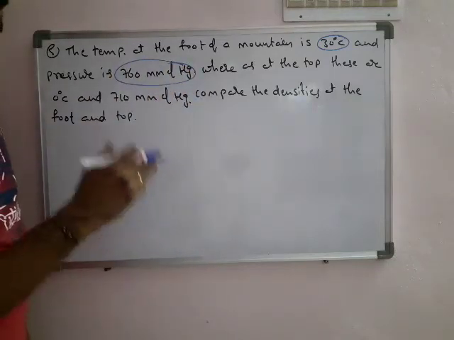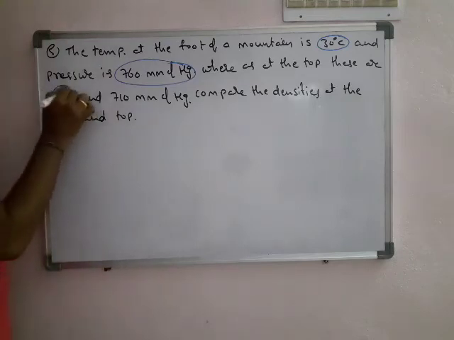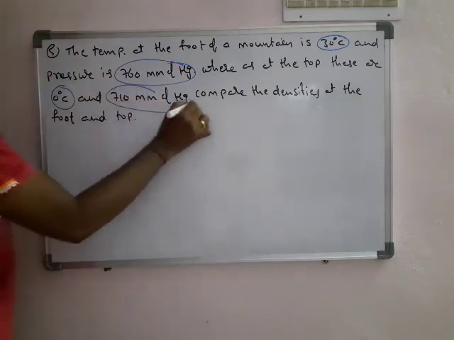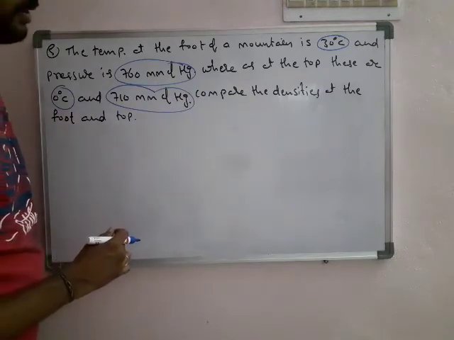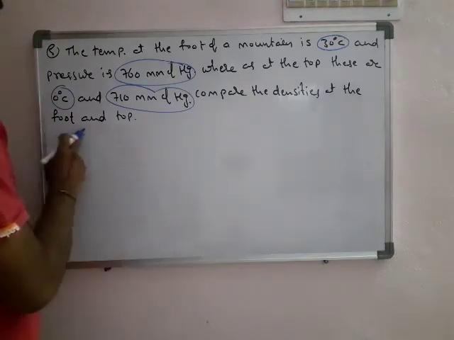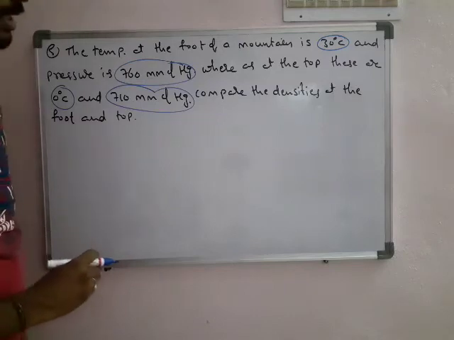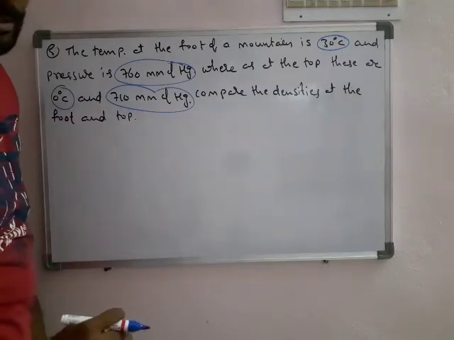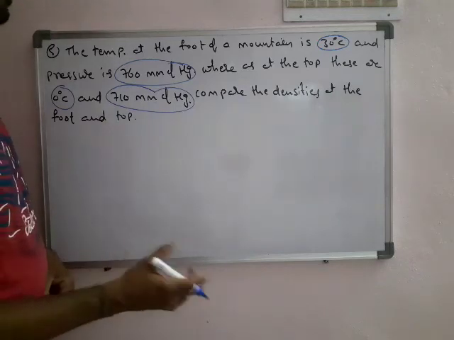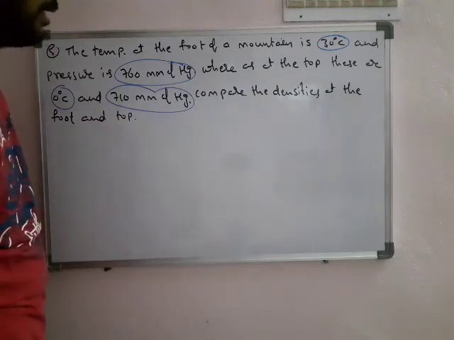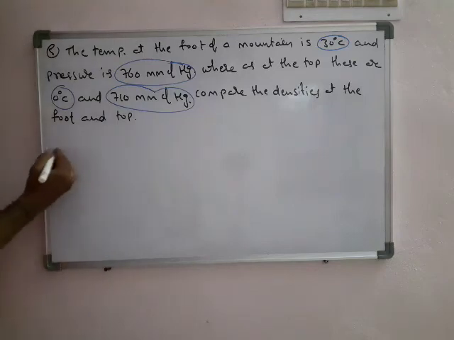Whereas at the top of the mountain the temperature is 0 degrees and the pressure is 710 mm. So we compare the densities at the foot and top. No need to calculate exact values, we just need to find the ratio of their densities.